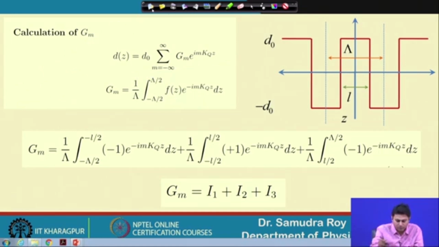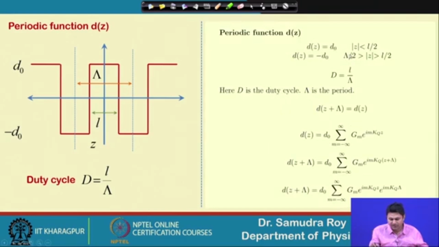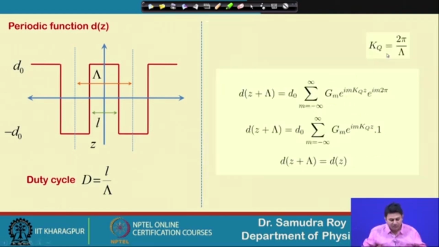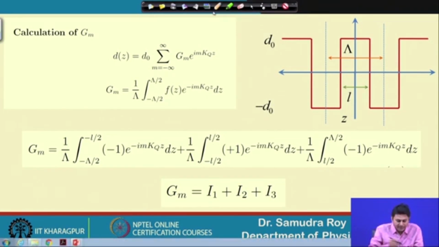Let me go back to the previous slide. Then the definition of the d function is there, less than L by 2 and greater than L by 2. When I put the mod sign, I do not need to put the other limit. So, this is the definition of the d function.